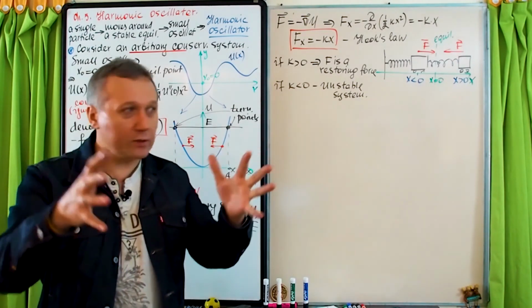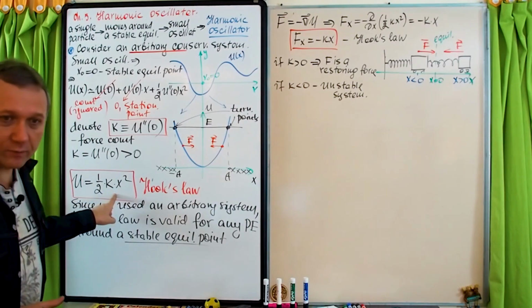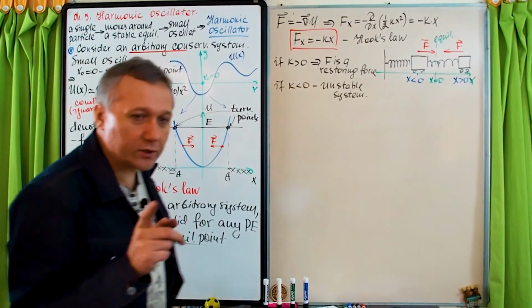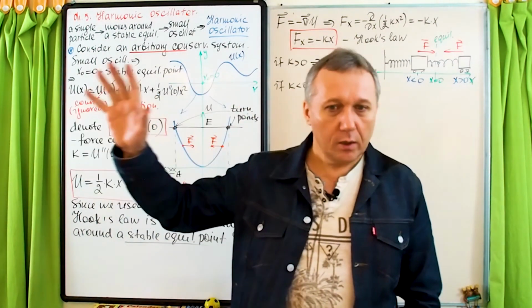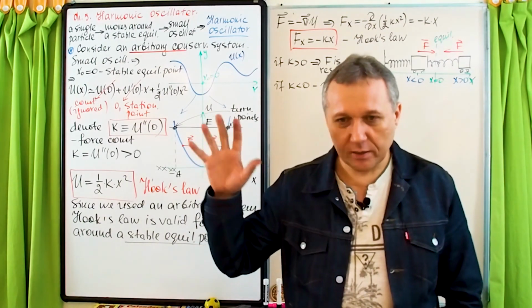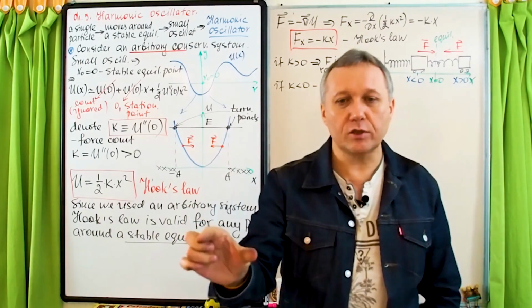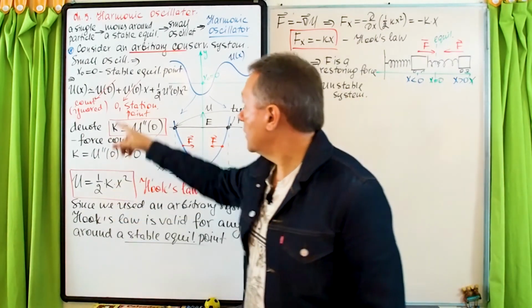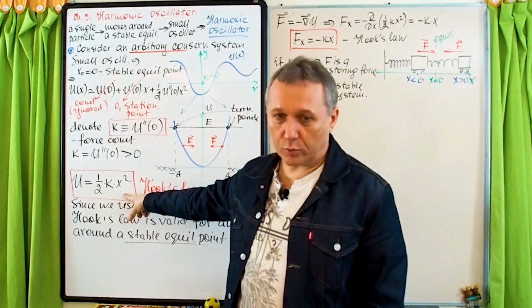We wrote down the potential energy, not just for small oscillations, but without any restrictions. Any oscillations, any displacements are possible in that potential energy. So basically we need to grab that potential energy, expand it like what we've done here, and I want to get Hooke's law.